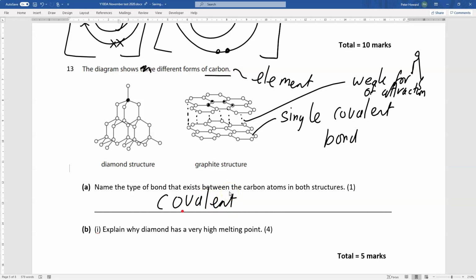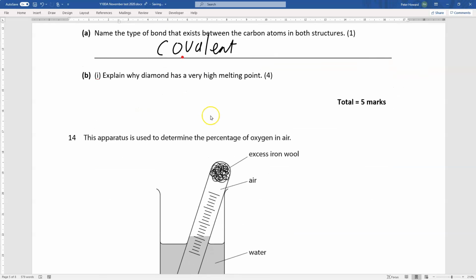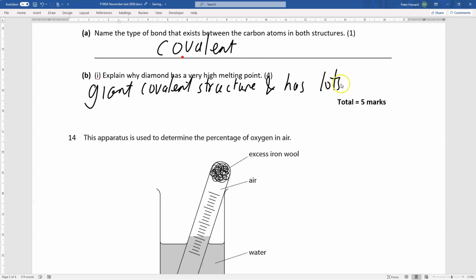Why does it have a very high melting point? So we need to talk about structure and bonding. This is usually what we have to do. So we can say it's got a giant covalent structure. So giant covalent for one of the 4 marks. Then we can think about the bonds themselves. It has lots of strong, let's just use the word covalent again to really reinforce the type of bonding, covalent bonds.